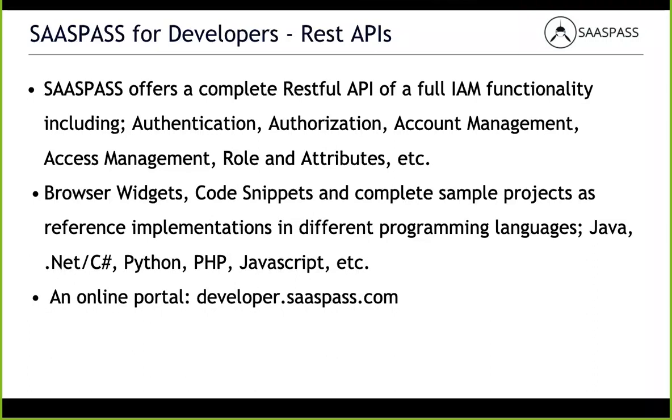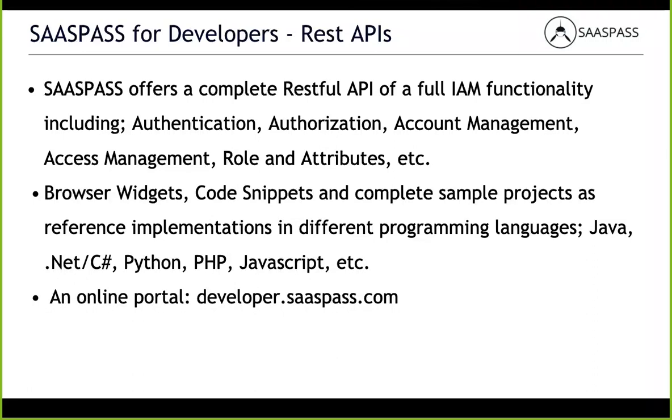To get benefit from the RESTful API, the first step is to register your company. If you have not, go to the SAASPASS admin portal and log in there. Switch to your company, and there you will add a custom application.